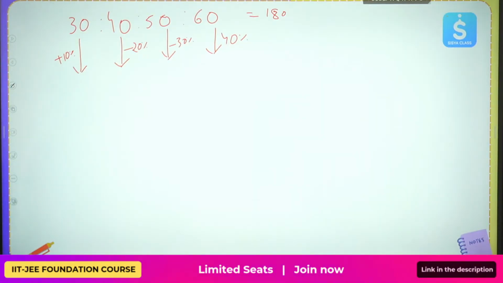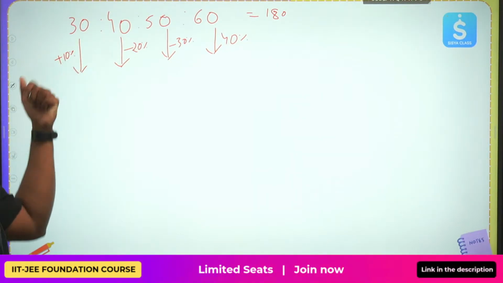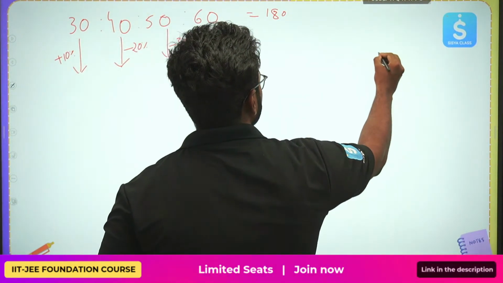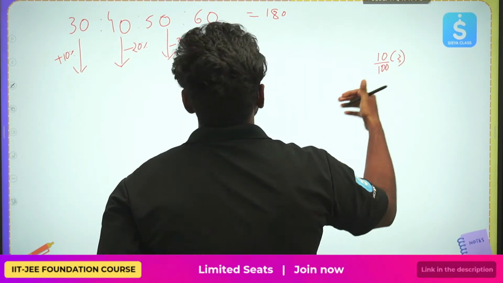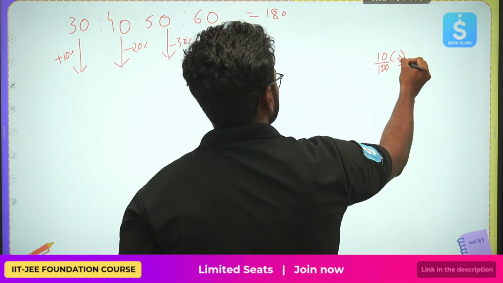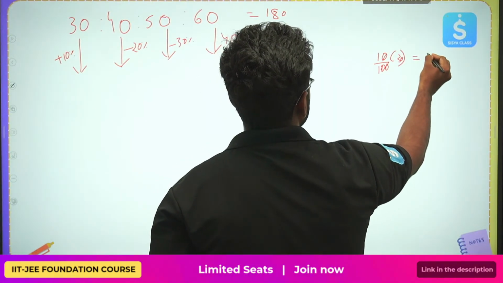How do you calculate this? 10% of 30, that is 10 by 100 of 30, which is 3.